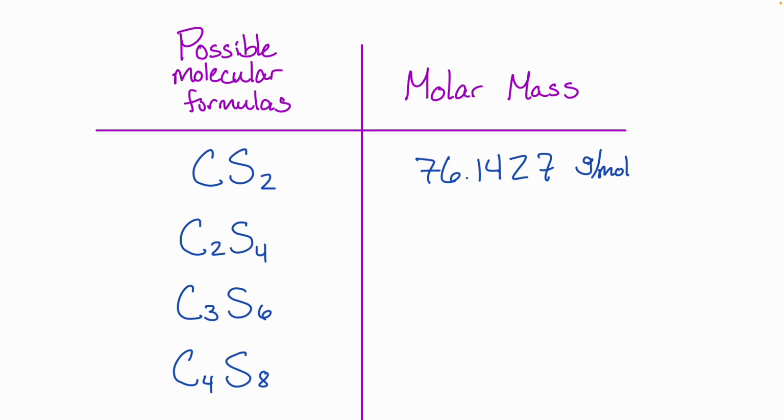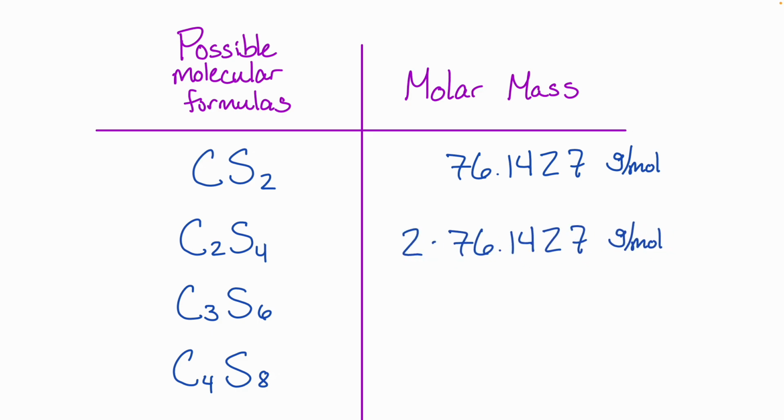Now I could go back to my periodic table and calculate the molar mass of all these different compounds. But importantly, the molar mass of C2S4 is just going to be twice the molar mass of my empirical formula, just 2 times the value that I got before, since I have twice as many carbons and twice as many sulfurs as when I calculated it the first time.